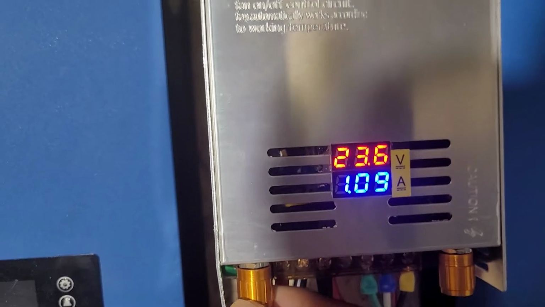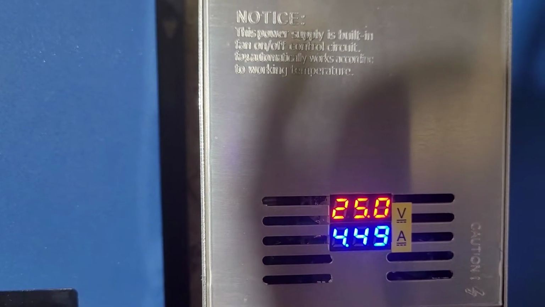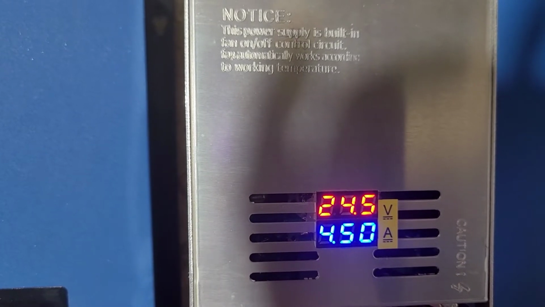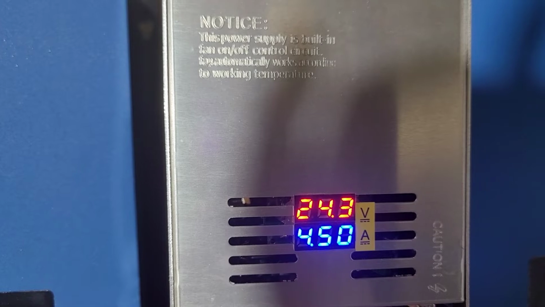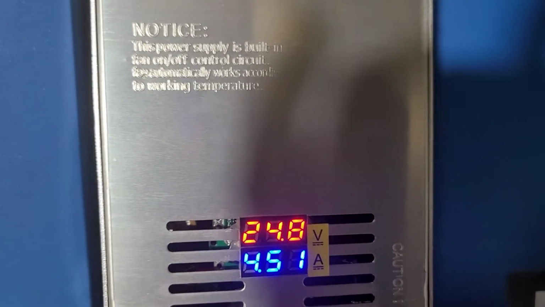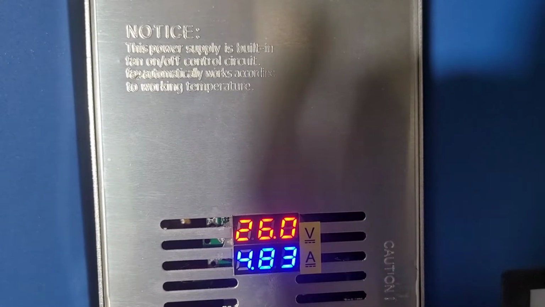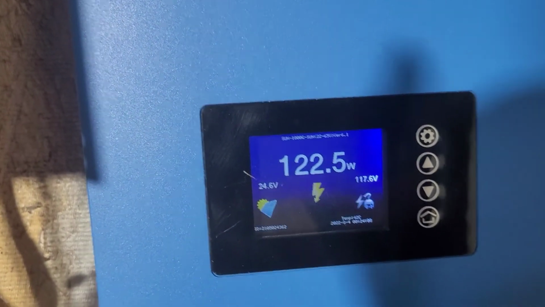Okay. So if we turn this up, let's see. Let's just turn it up. Come on. We need a little bit higher. There we go. Look at that. We got 118 watts. Where is that coming from?